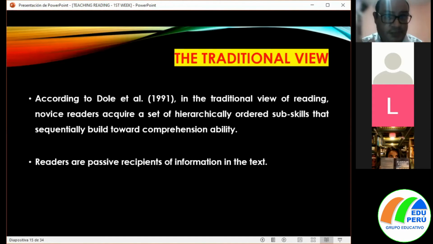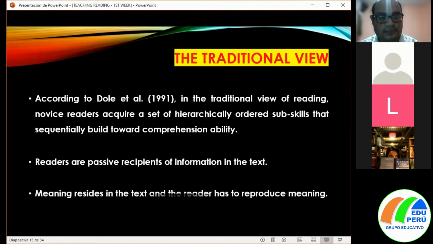Readers, according to this point of view, to this theory, are passive recipients of information in the text. Meaning resides in the text, and the reader has to reproduce meaning.